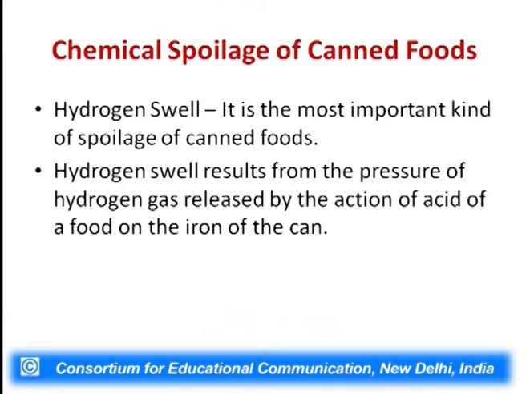First, coming to chemical spoilage of canned foods, hydrogen swell is one of the most important kinds of spoilage of canned foods. This swell results from the pressure of hydrogen gas released by the action of acid of food on the iron of the can.